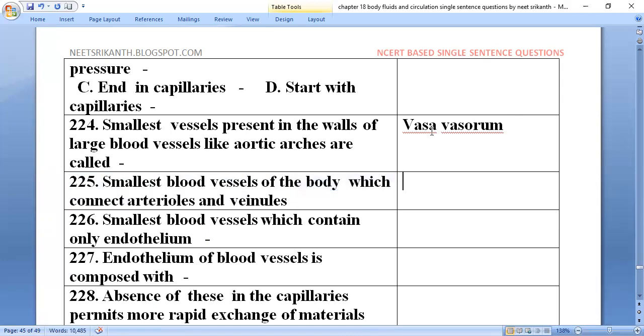Smallest blood vessels of the body which connect arterioles and venules, we called already: capillaries. The smallest blood vessel which contains only endothelium: capillaries.